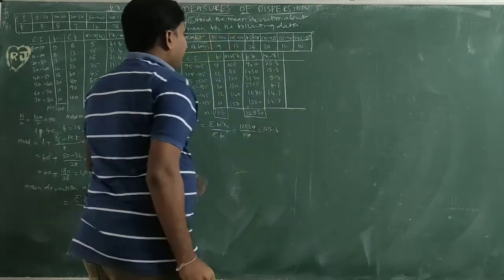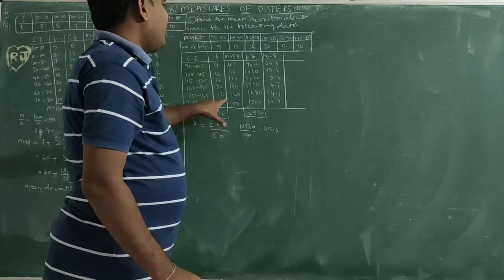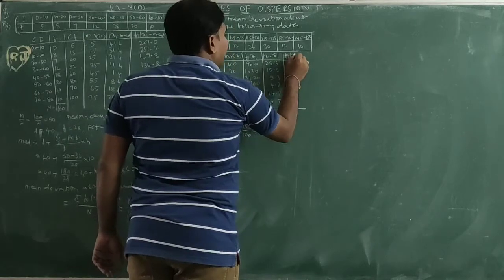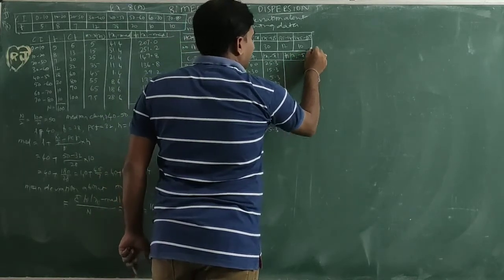Now we take the product of Fi with this one. According to the formula, Fi mod Xi minus X bar.